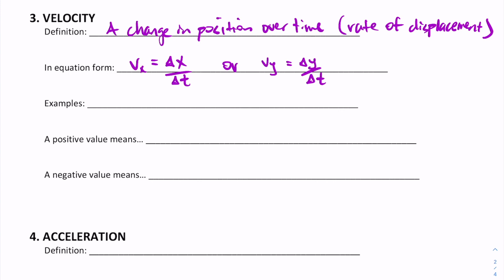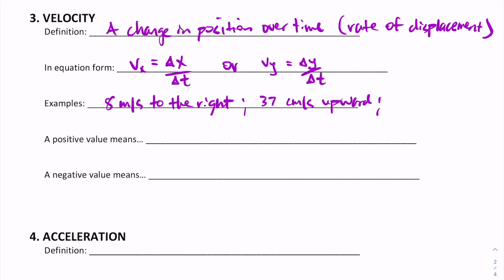So for example, a velocity might sound like 8 meters per second to the right. So it's got the rate, right? Meters per second and the direction. Or something like 37 centimeters per second upward.